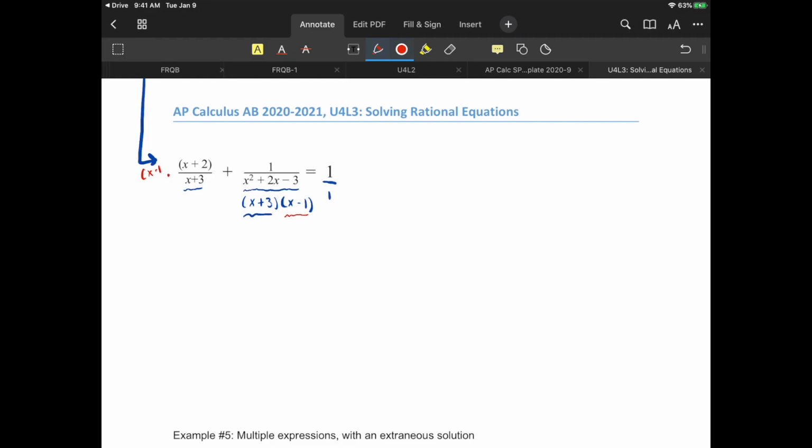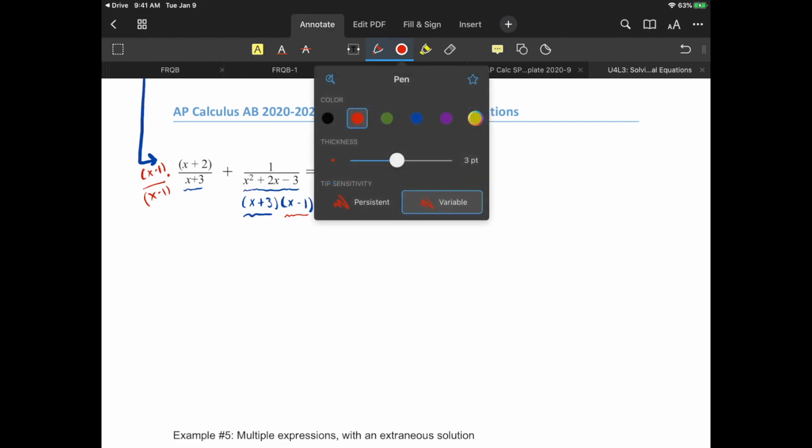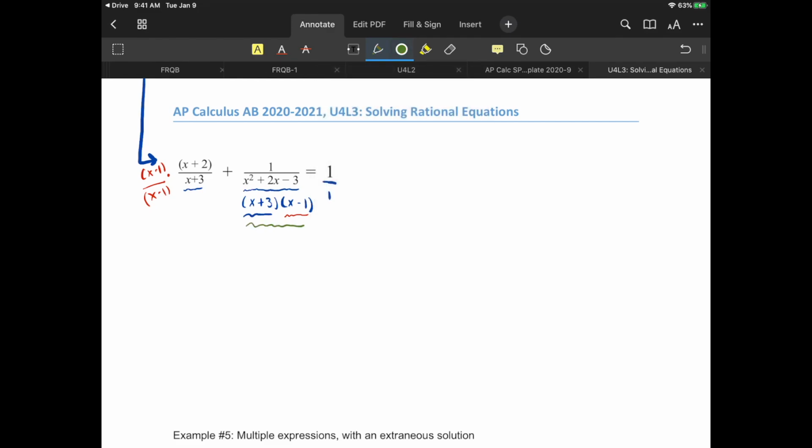So I'll multiply by x minus 1 over x minus 1, then it will have the same denominator. Now this 1 on the right is missing both of these pieces, so I'm going to multiply it by this whole thing, x squared plus 2x minus 3 over x squared plus 2x minus 3.